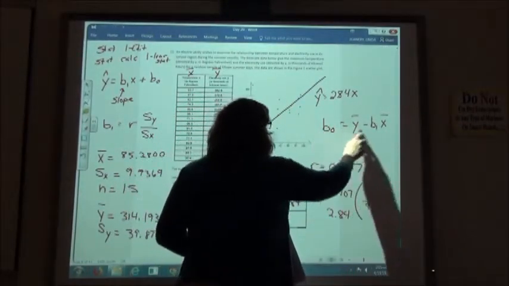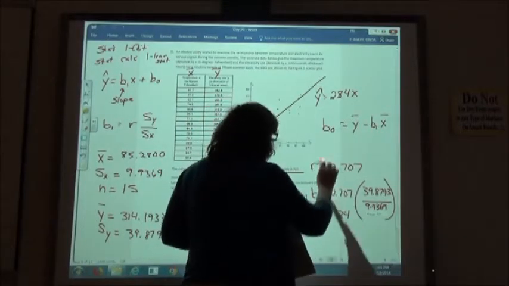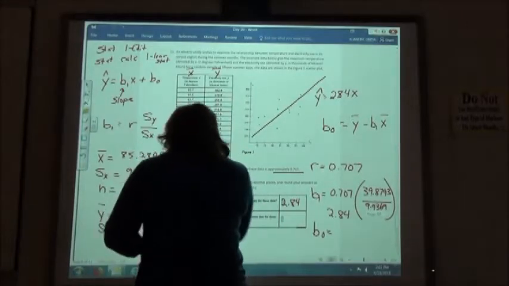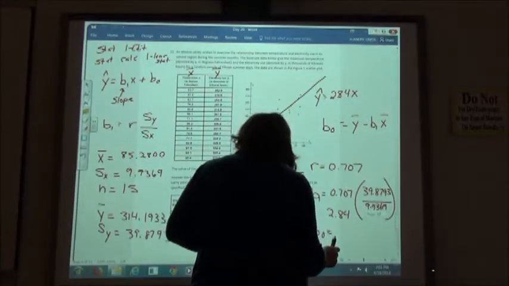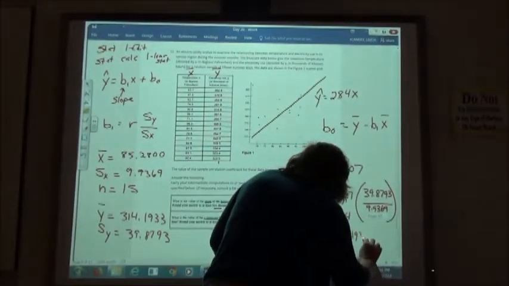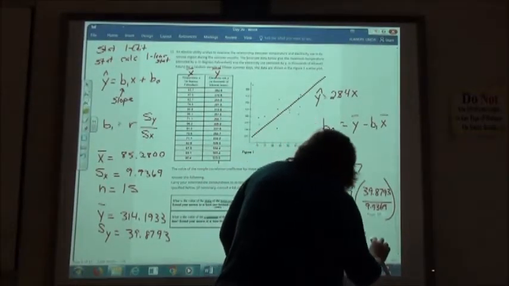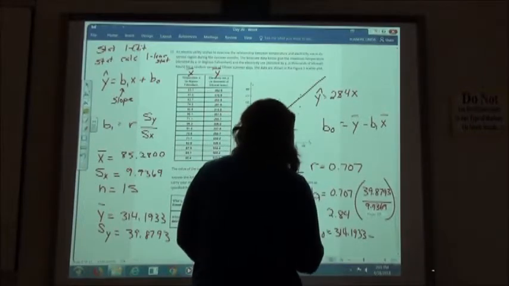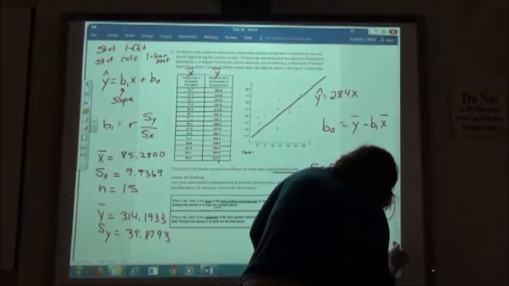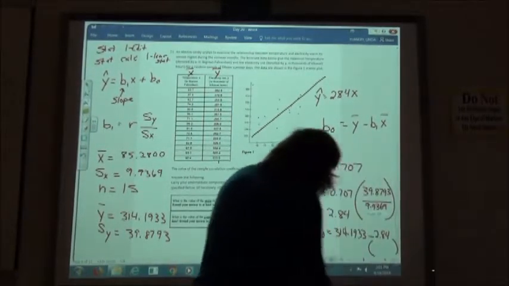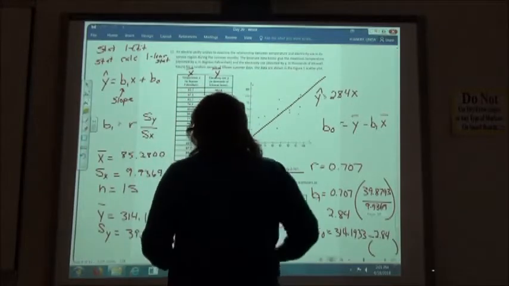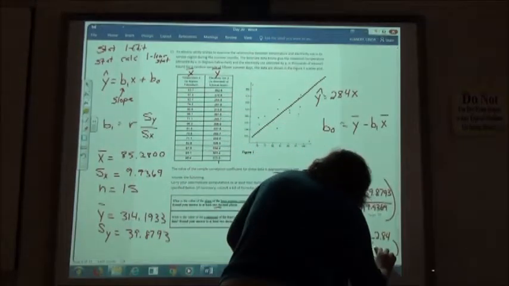So b sub 0 equals the mean of y, 314.1933, minus the b1 value, which is your 2.84, times the mean of x, which is the 85.2800.